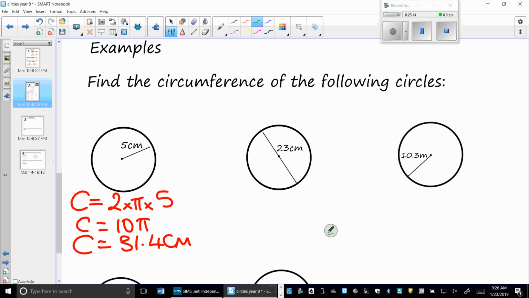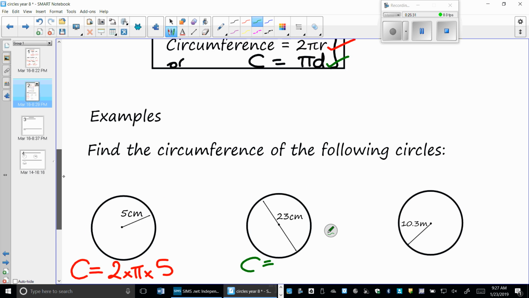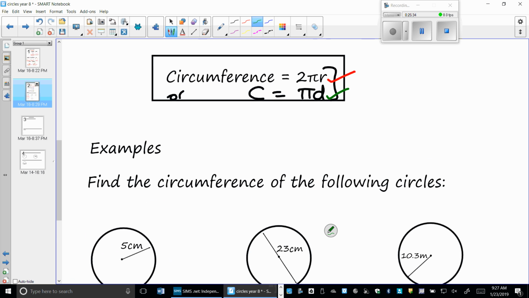So this time I'm using the green formula. So this time I'm going to write C equals what, Madison? Be careful, we've got the diameter this time. You haven't been writing all the notes that I've been writing. You've just been skipping bits. What was the other formula?